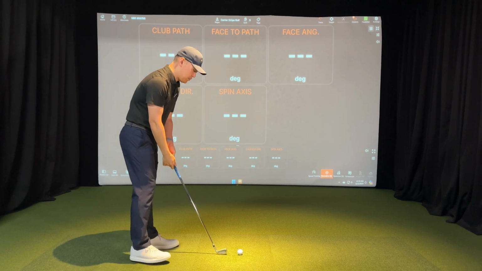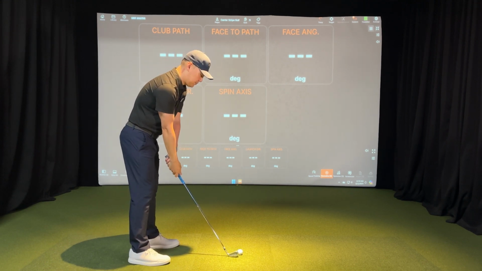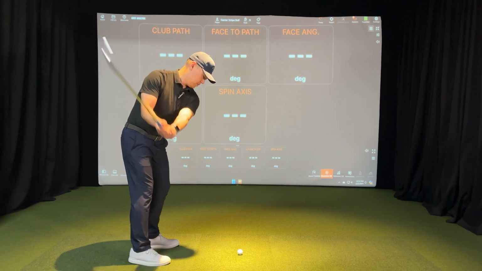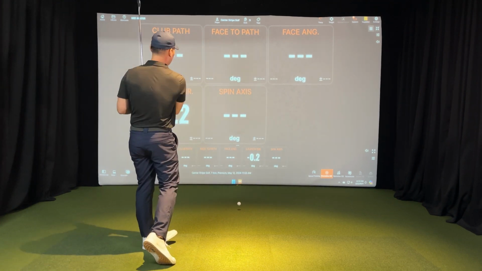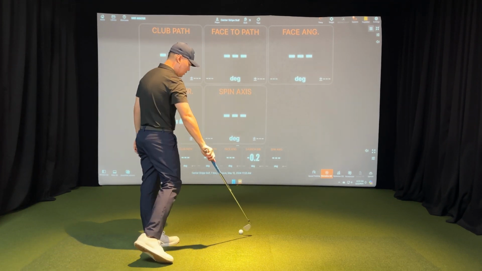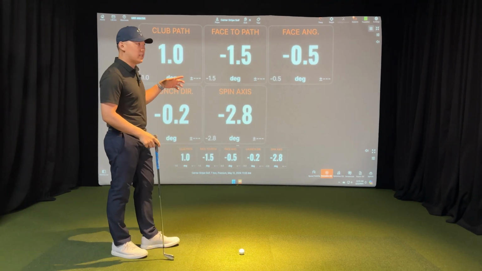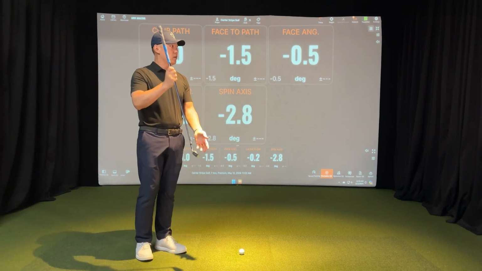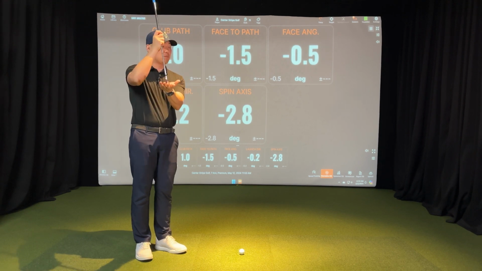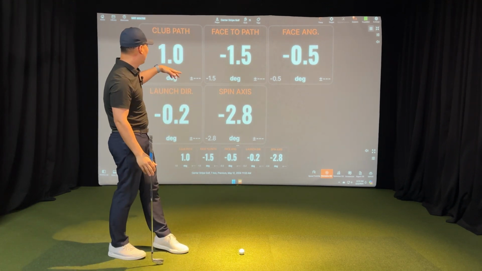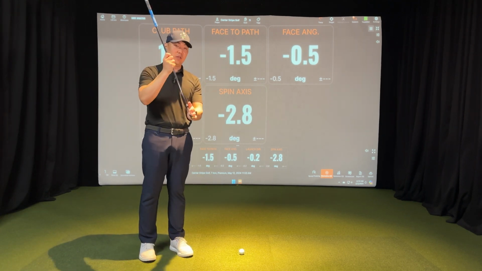So, for example, if we were to take this shot, in that shot my face angle was pretty neutral. It was closed by 0.5 degrees, so it's very neutral. And my path was in to out by 1 degree.